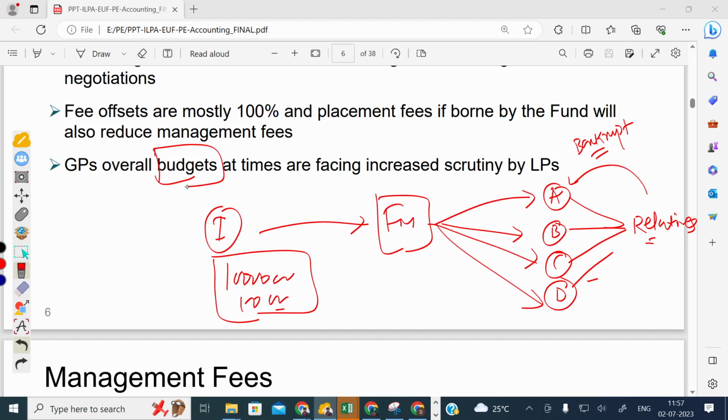Because they appoint third parties, they appoint trust accounting agents. You would have heard of trust accounting and all. So they appoint a trust accounting agency, they appoint auditors, they appoint special custody where they can take custody of all these investments.